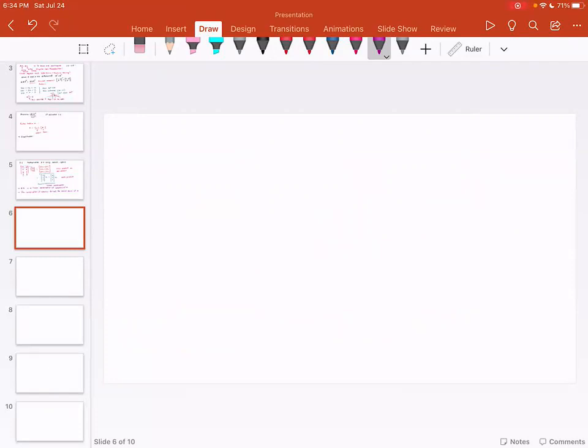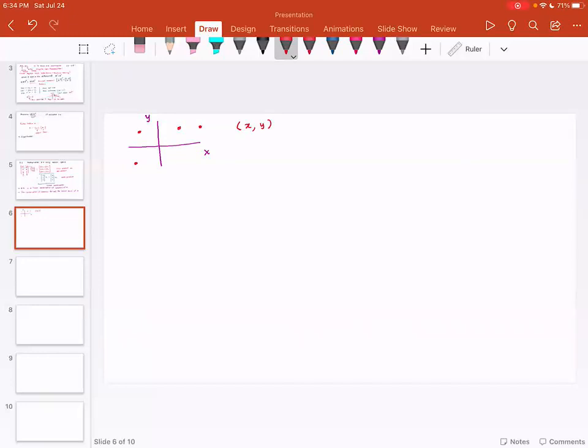Let me try to give an example wherein we have just two vectors. Let's take a very simple example. You have x-axis and you have y-axis. Any point in this xy plane is represented by its x coordinate and its y coordinate.